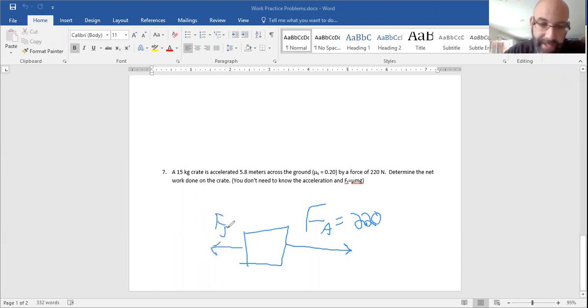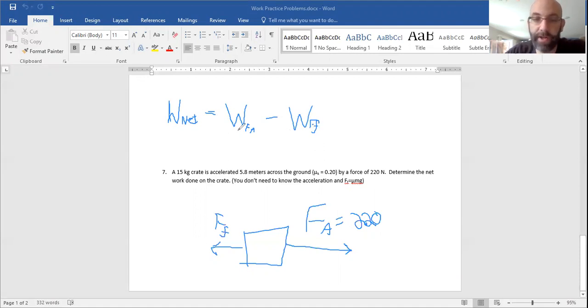Okay, so let's think this through. We're trying to find net work. So work net equals the work of F_A minus the work done by the force of friction.